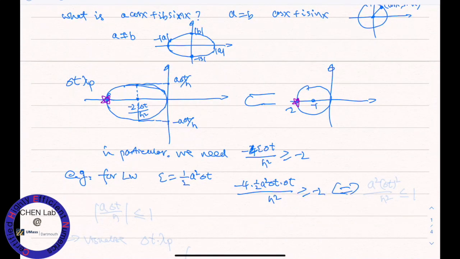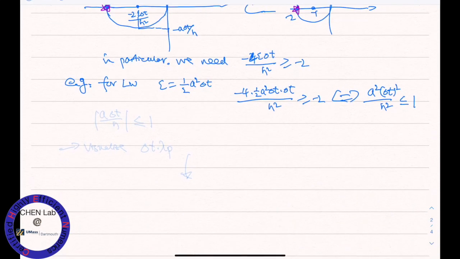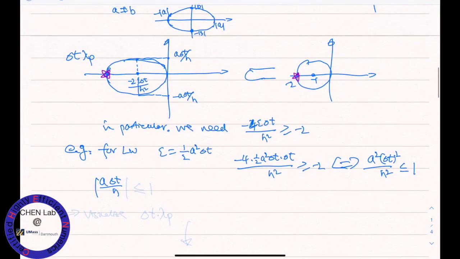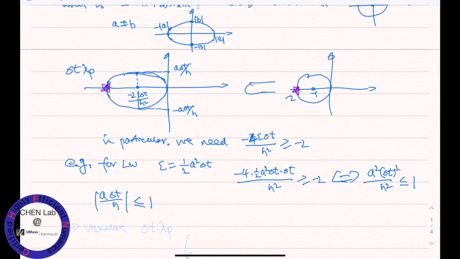Which is to say, 4 divided by 2 cancels with 2 on the right hand side, which is to say a squared delta t squared over h squared is less than or equal to 1. All right, that's a condition we wrote down already. So that's a delta t over h, absolute value, is less than or equal to 1. So once you fix h, you need a smaller delta t that makes this inequality hold. Okay, otherwise your scheme is not stable.